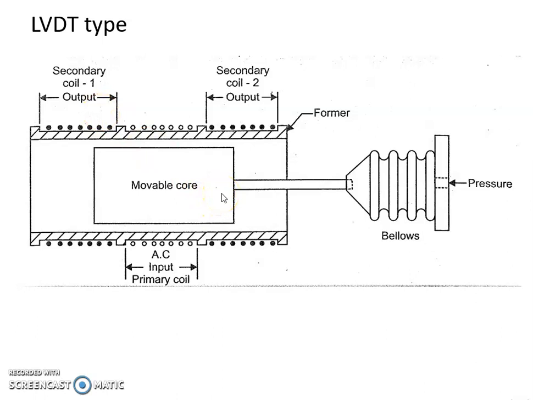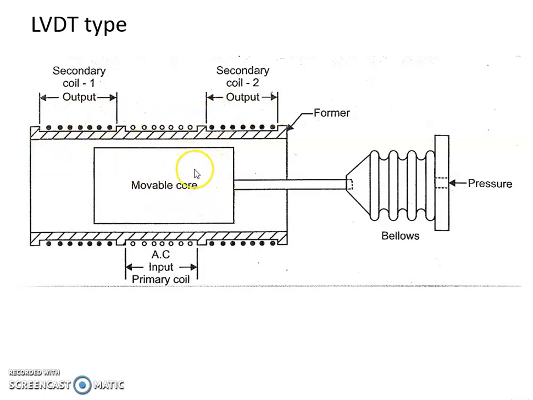The movable core is connected to bellows to which the external pressure to be measured is applied. Here the AC supply is applied across the input primary coil, and the output secondary coils are split into two equal parts.